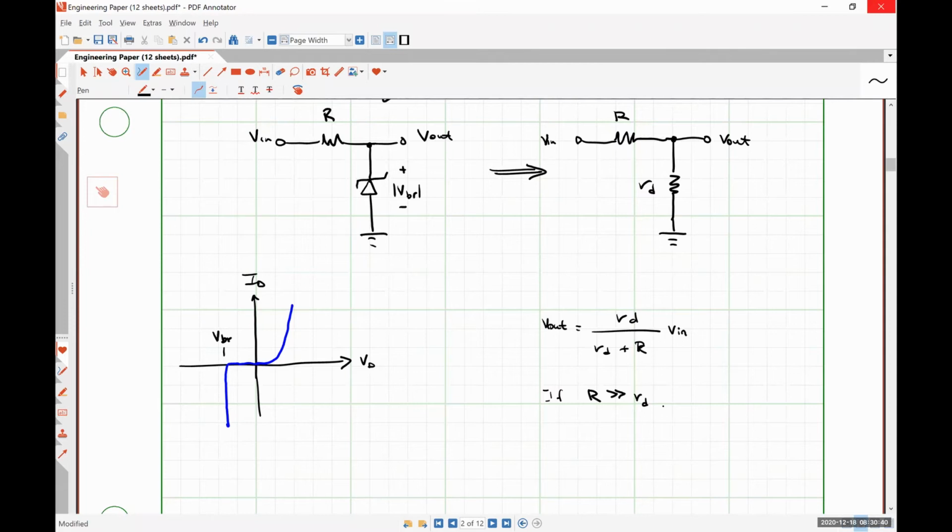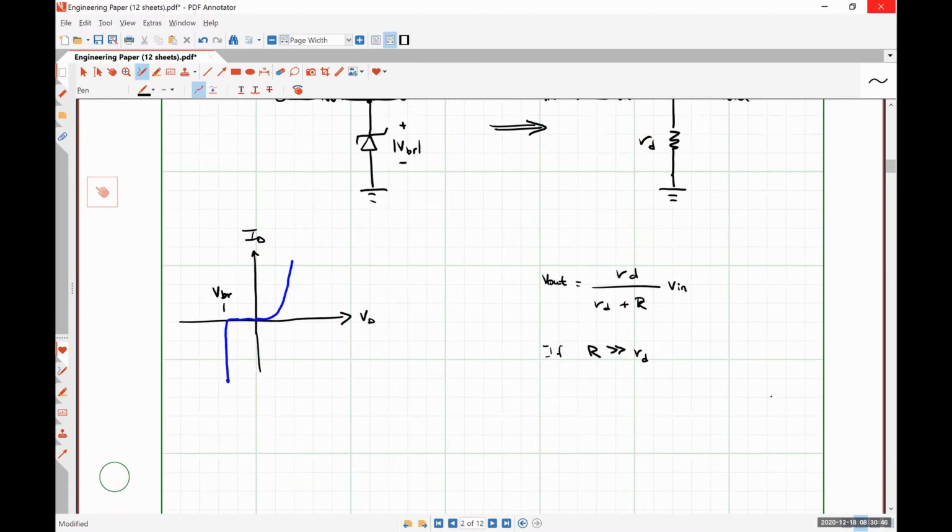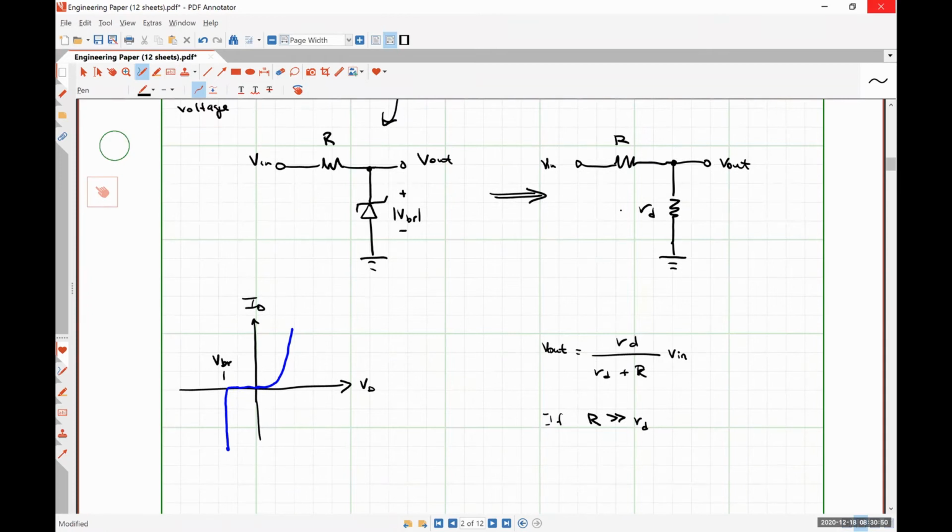what happens even with a very large input voltage, so a voltage change? So let's say that for this circuit, RD is somewhere on the order of 1 ohm and R is 1 kilo ohm, and our ripple voltage was around 0.2 volts.